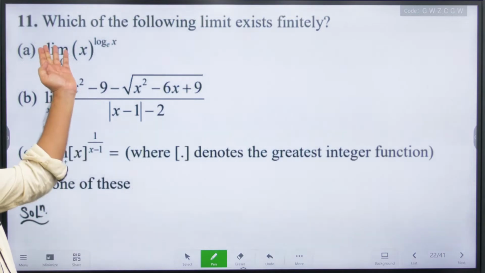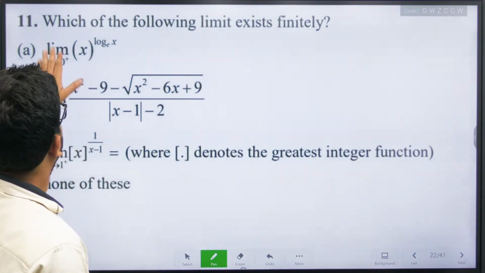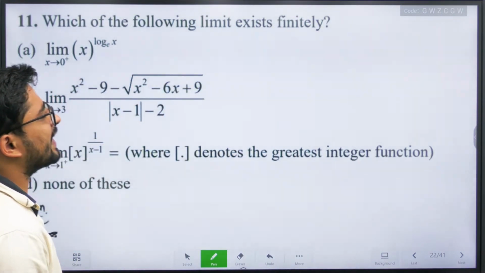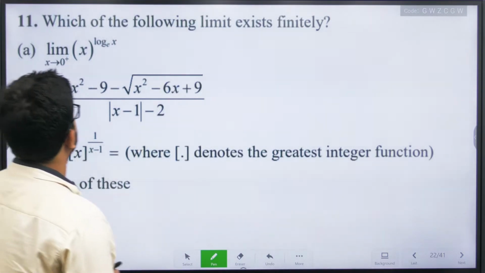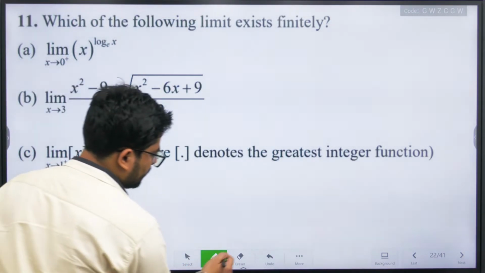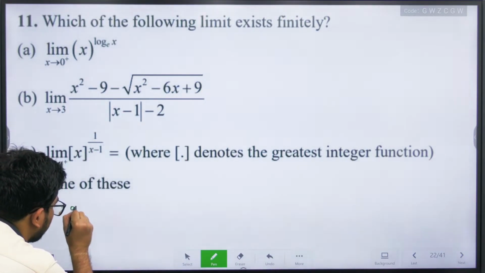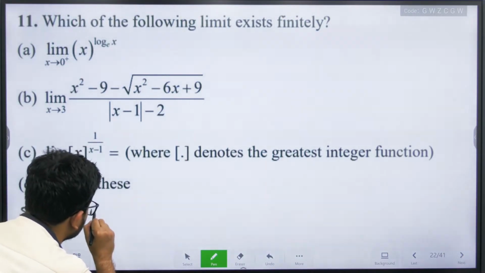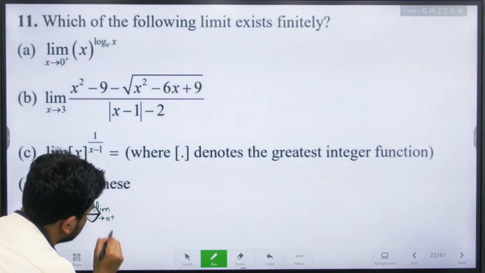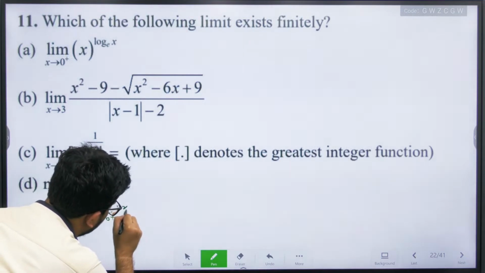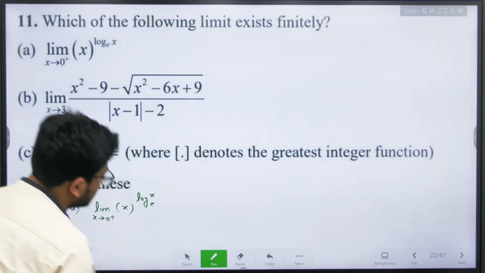Okay, and this is your single correct multiple choice question. Which of the following limits exists finitely? So first one is limit x tends to 0 plus, x to the power log x to the base e.